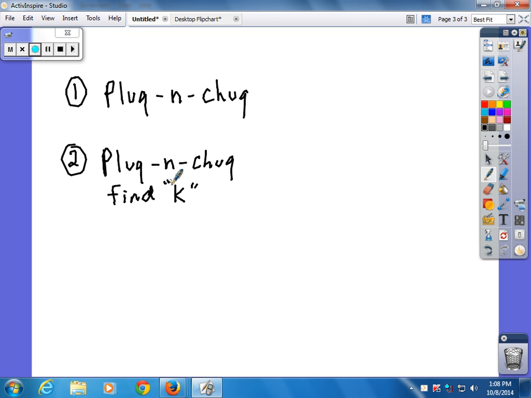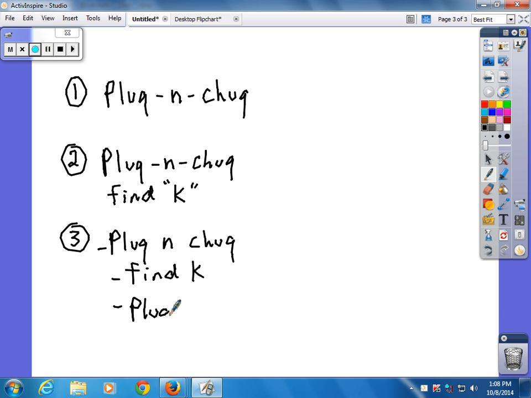Third type is plug and chug, find k, and plug k back in.